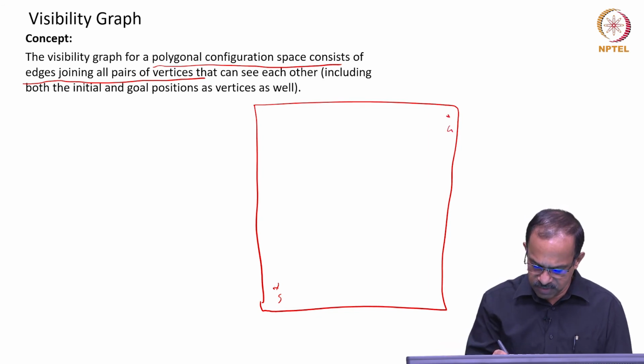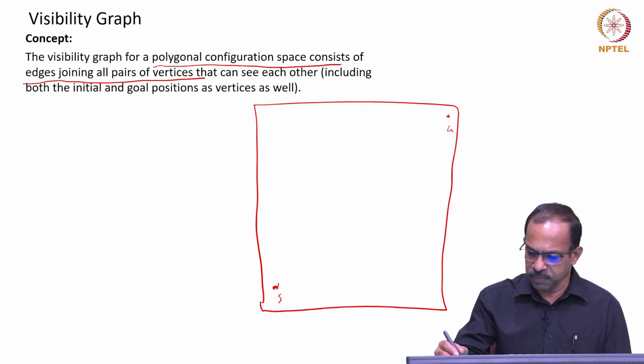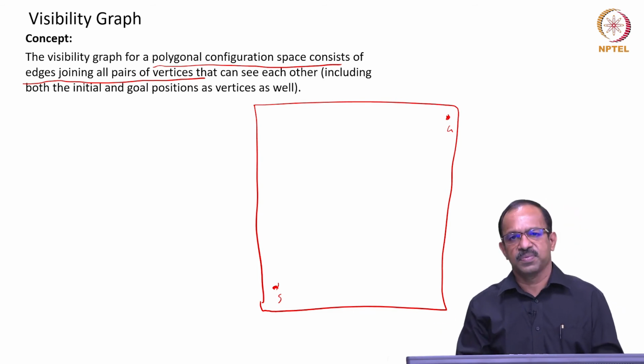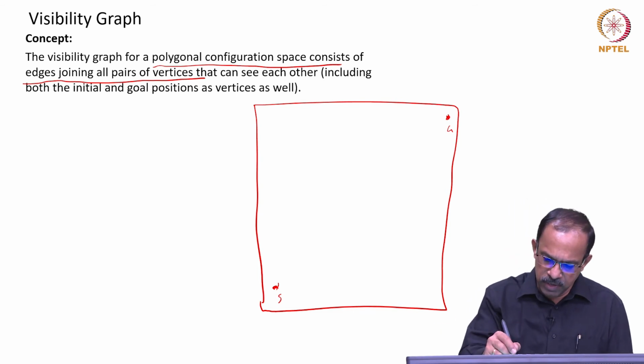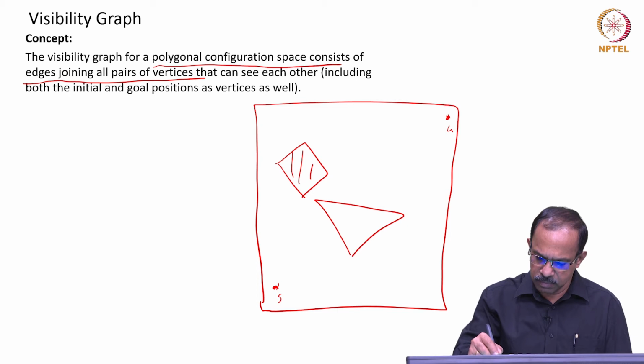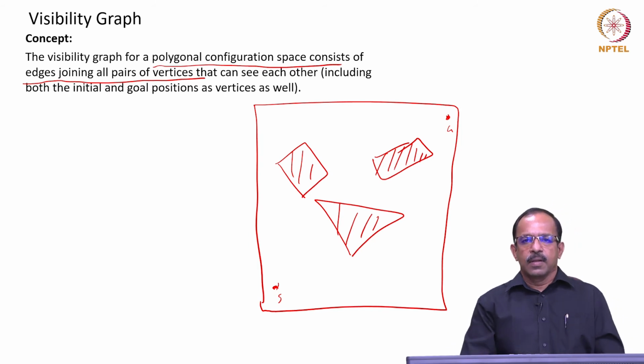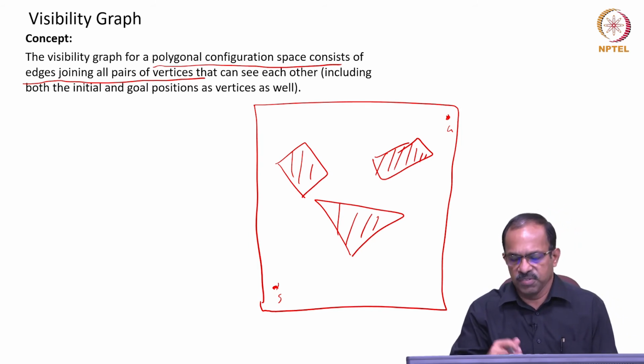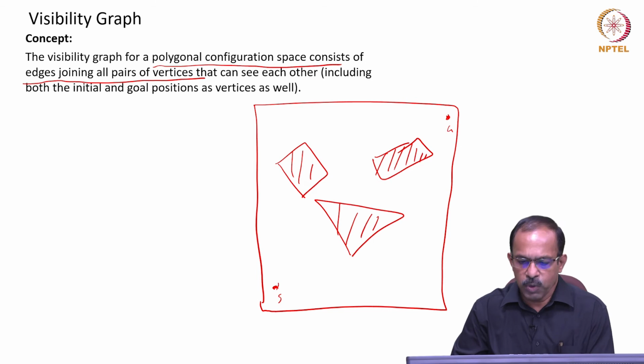We consider this as a node, or a vertex, and then we know that there are obstacles. So, we assume that these are all the obstacles. These are configuration space obstacles, so the size has been increased. Now what it will do?